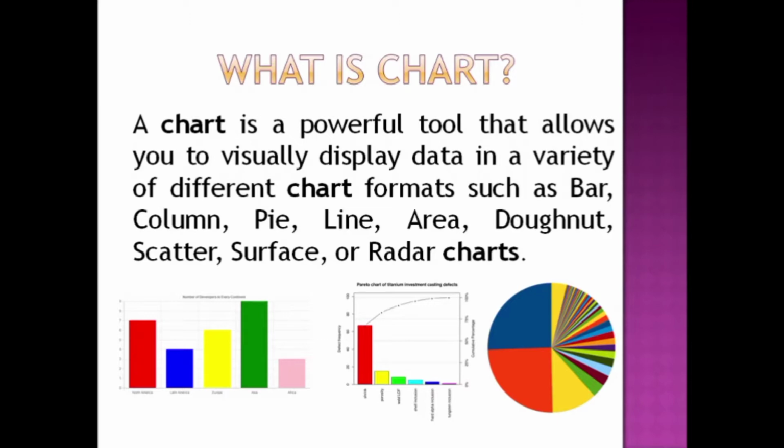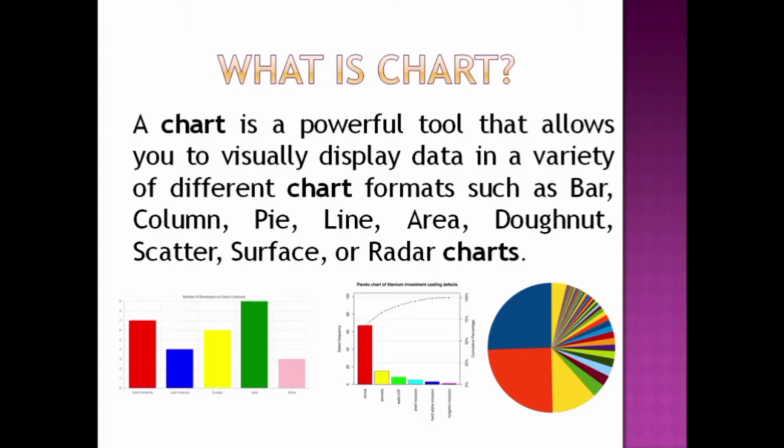Basically, a chart or a graph is a pictorial representation of data that allows us to show our data graphically or visually. Means we can show our data by using some graphs and diagrams that can be easy for the user to understand.